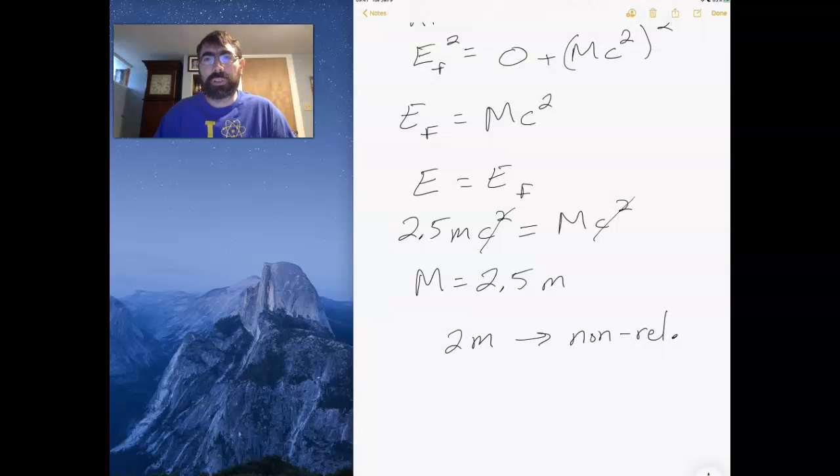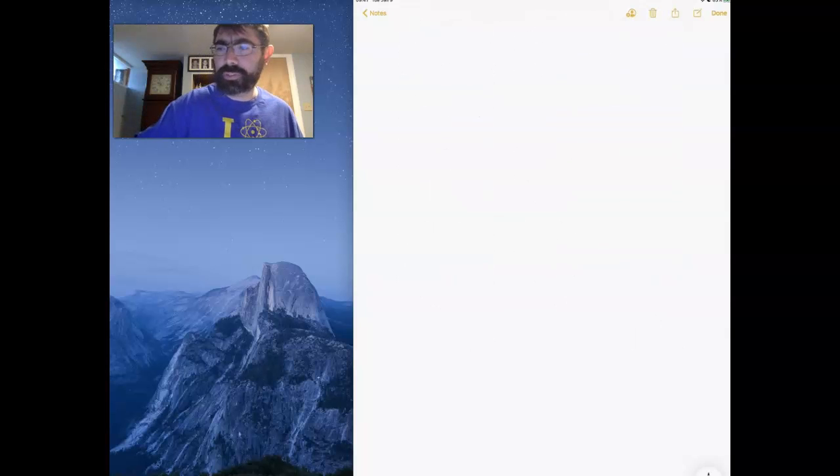But since these lumps of clay are moving at relativistic speeds of 3/5 the speed of light, some of their energy was converted into mass. So it ends up with a larger mass, because of the speeds of the collision, than in the case where you are moving at non-relativistic speeds. Okay, so let's take a look at another example.